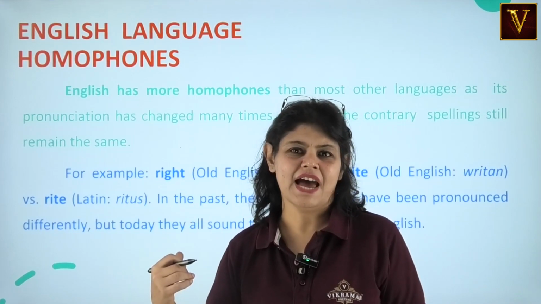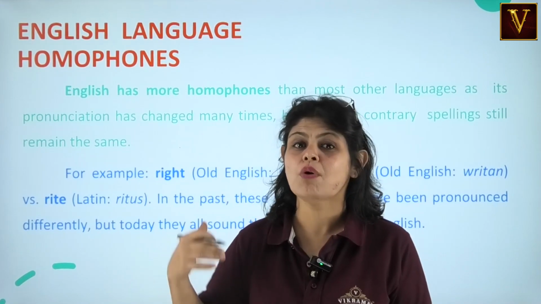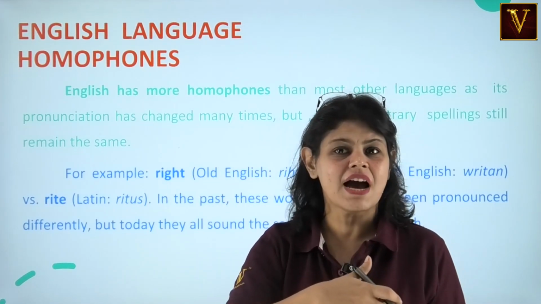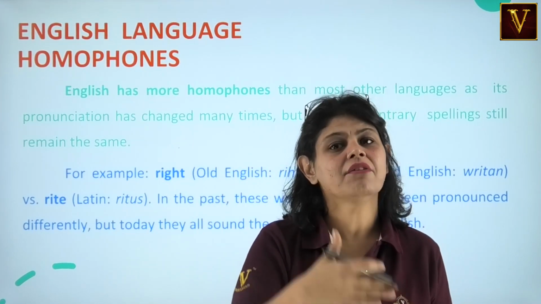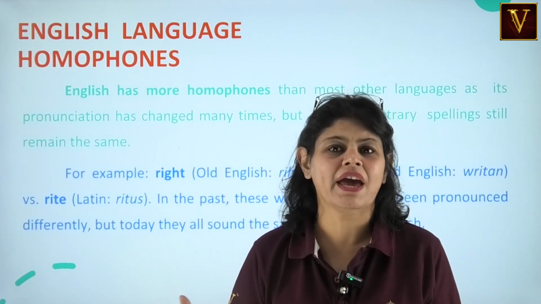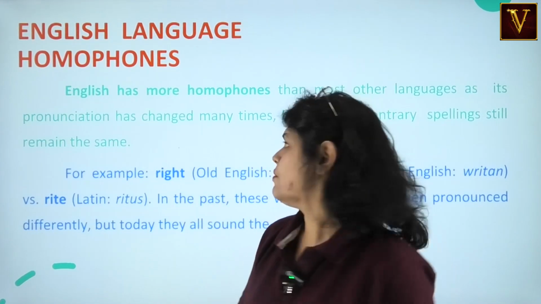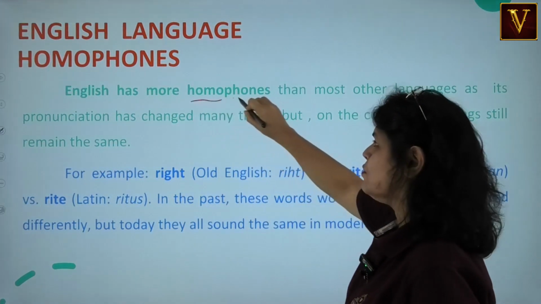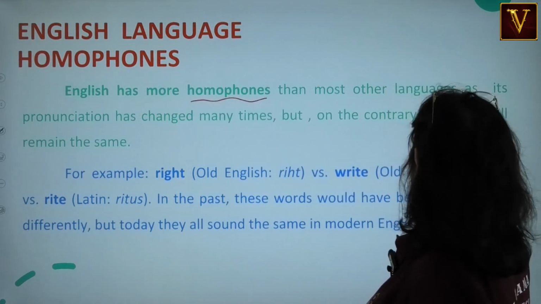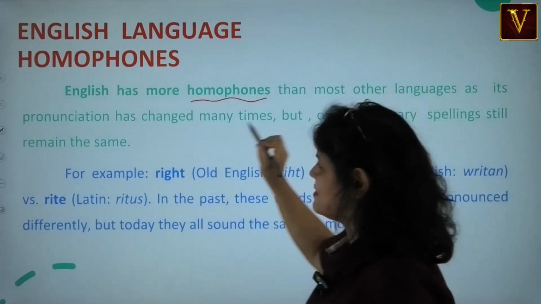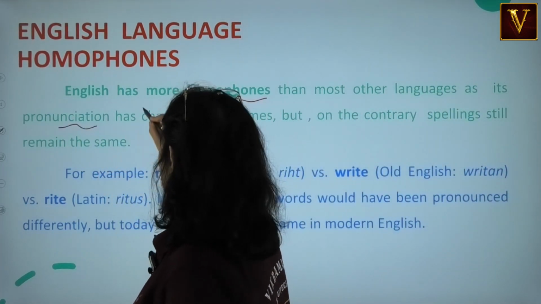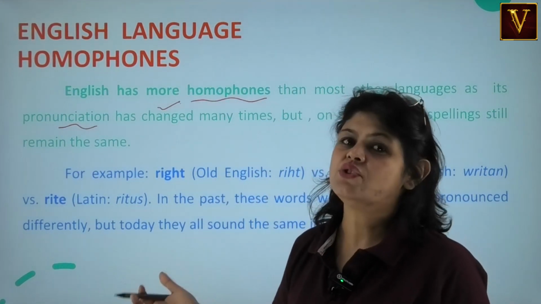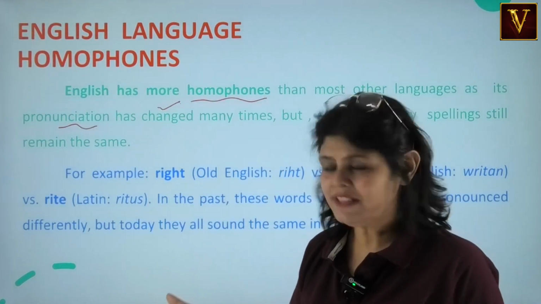In this slide, we'll study a few more words, the ones that were completely different in the past times, but are written in a different way at present, right? English has more homophones than other languages as its pronunciation has changed many a time, but we have barely changed its spelling, right?